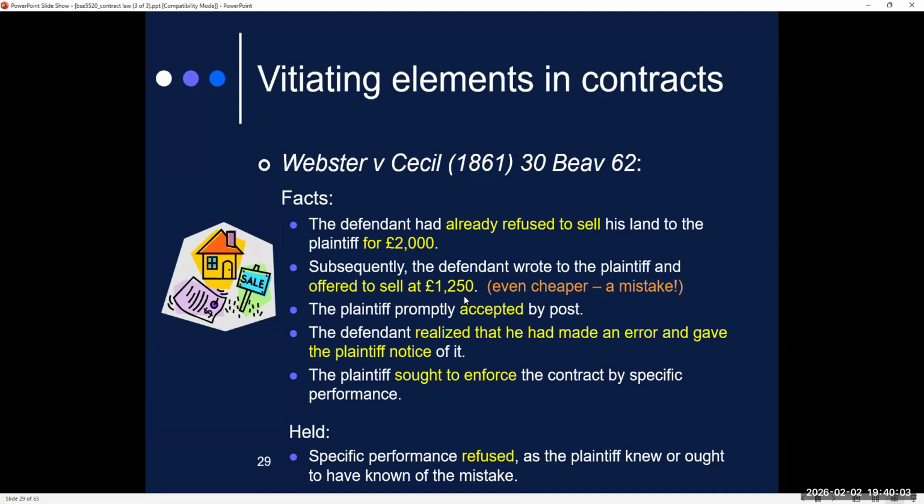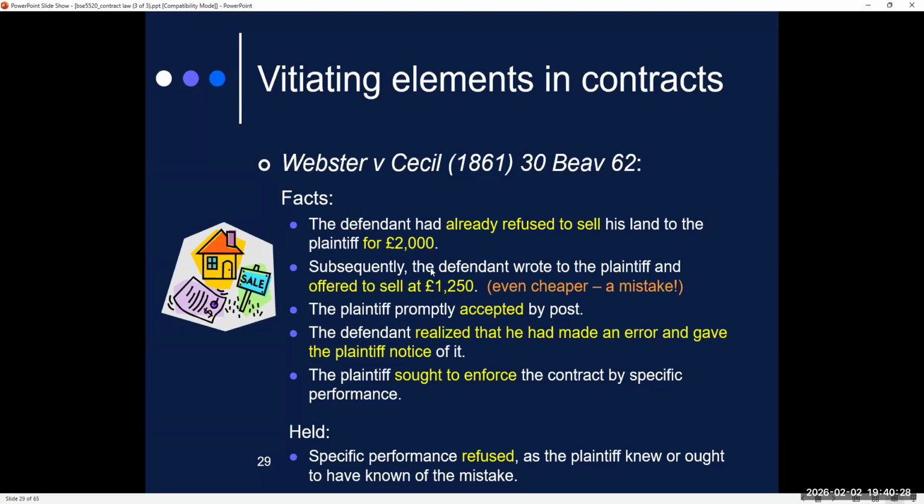So perhaps D intended to write 2,250 instead of 1,250. It's more reasonable, right? Because originally D refused to sell at 2,000, so would like it to be at a higher price. Maybe he wanted it to be 2,250.